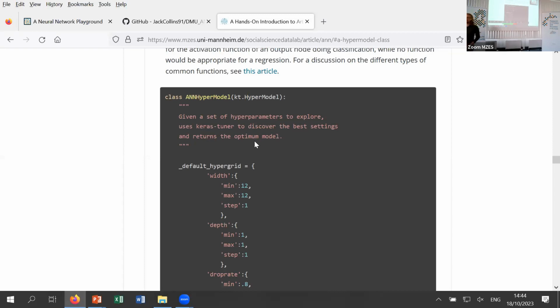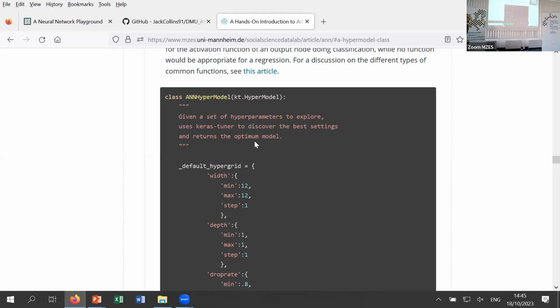I input that into this model, and it outputs the best of those models that it could find. Previously we had to manually play around with the number of layers and neurons. Here is a class that will do all of that exploration automatically for you and find the best possible set of neurons and layers.